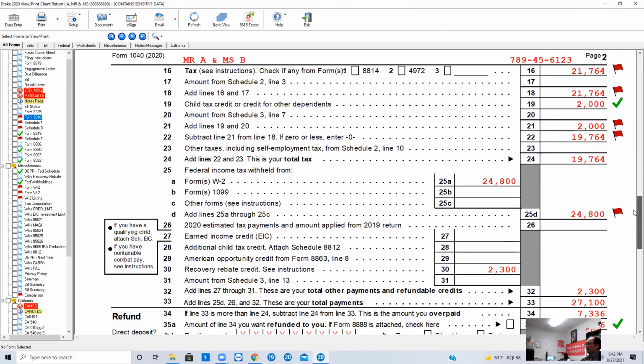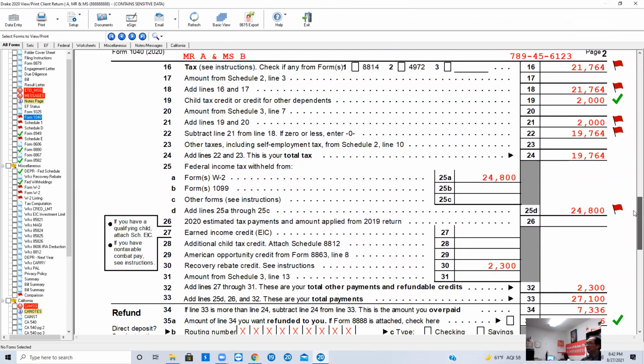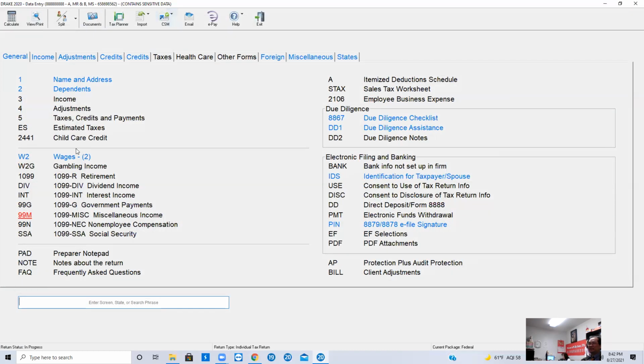In this client, the credit doesn't show. It's not because they're not qualified, it's because the income is high.